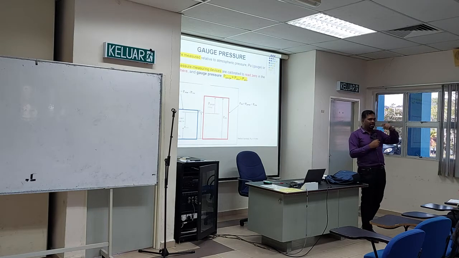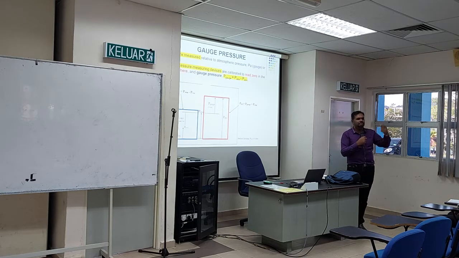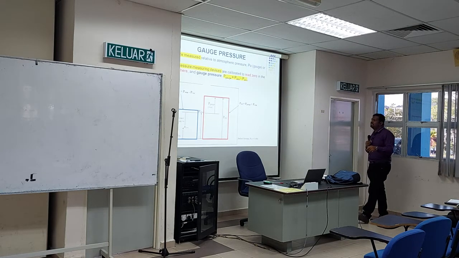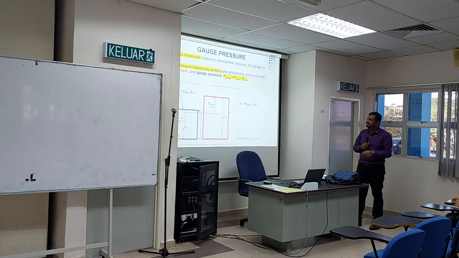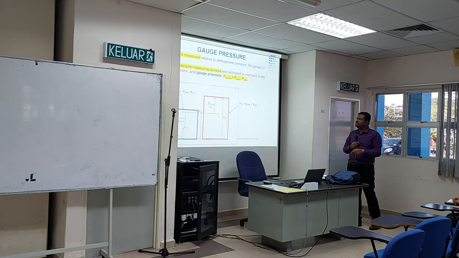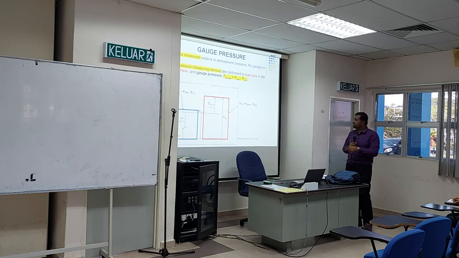Kalau ada pressure meningkat, so you just measure dari kosong dia naik ke berapa. So kalau dia turun tu maybe dia akan jadi negatif. So it's easier for you to visualize. So gauge pressure is like that. So pressure that you measure using a device. Okay. So it's calibrated to read 0 in the atmosphere, and normally gauge pressure ni dia start dari kosong. Okay, so that is about gauge pressure.